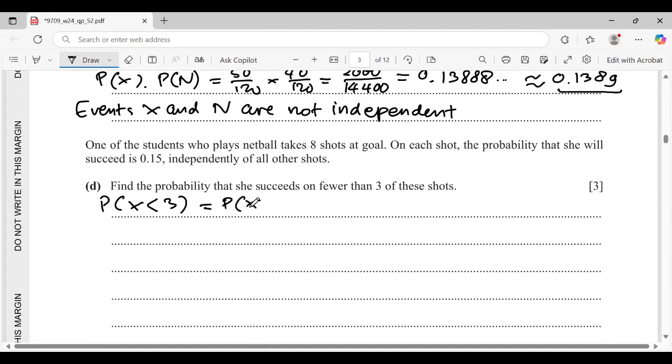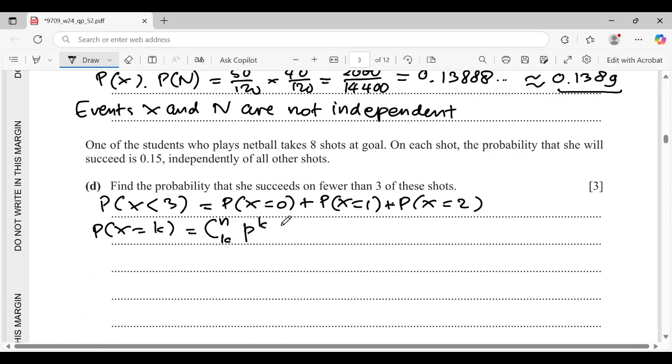The probability that X is less than 3, meaning fewer than 3, is the probability X equals 0 plus the probability X equals 1 plus the probability X equals 2. Using the binomial formula, the probability X equals k equals the combination n choose k times p to the power k times 1 minus p to the power n minus k.